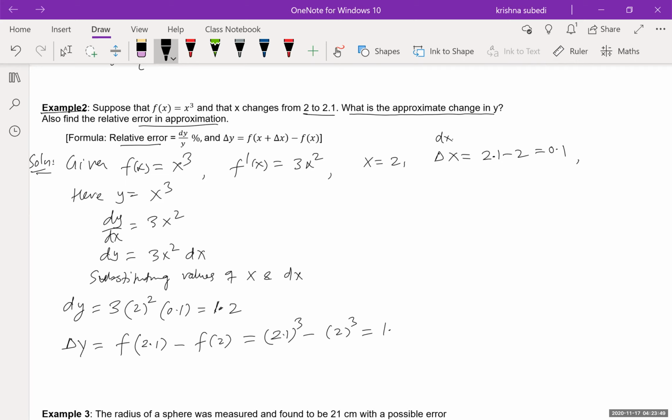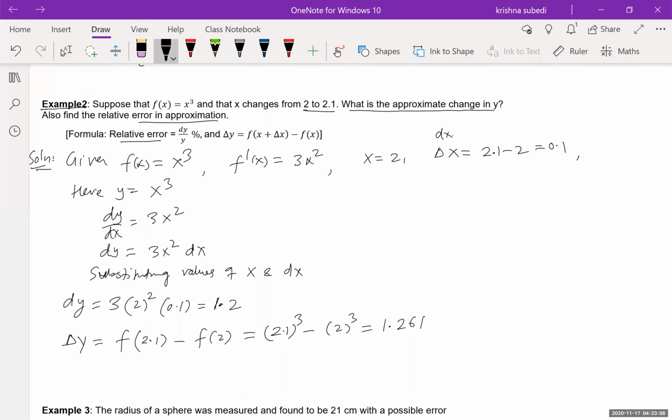What is the value? I believe it is 1.261. Notice that dy and delta y are approximately the same, right?